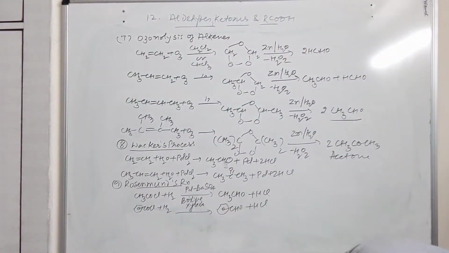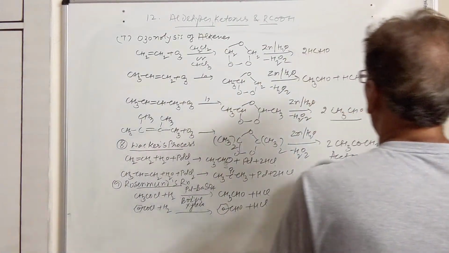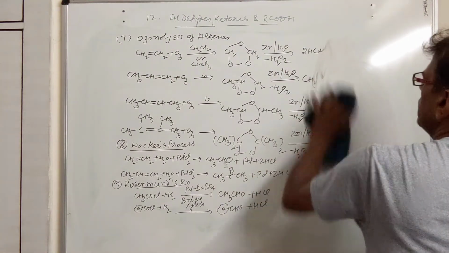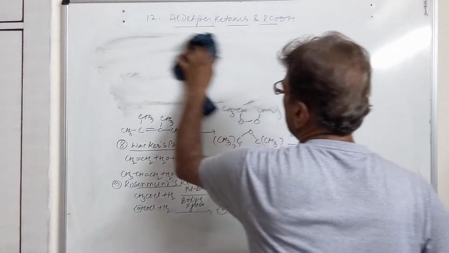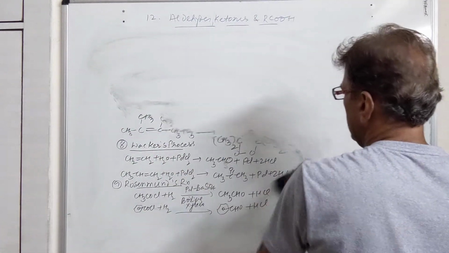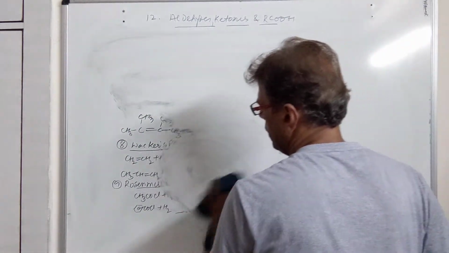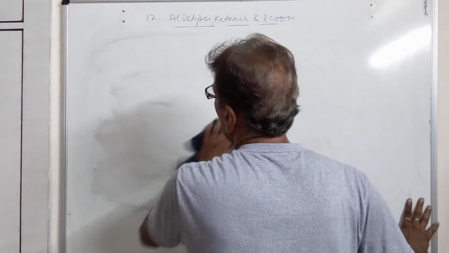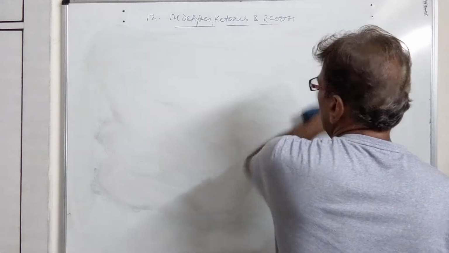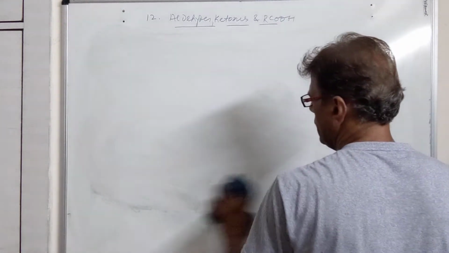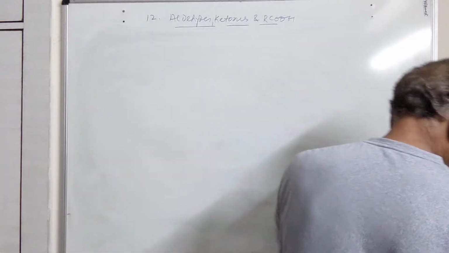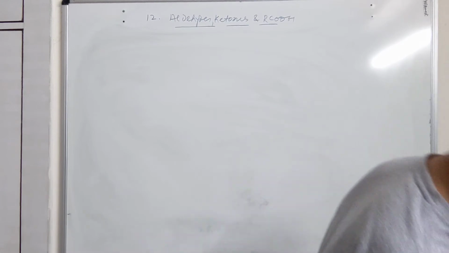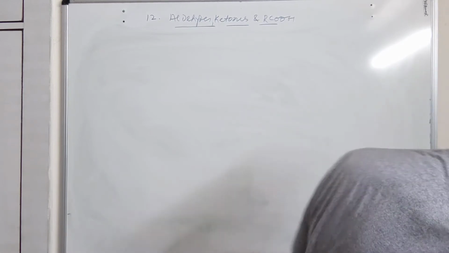Then we have another name reaction for getting aldehyde, that is Stephen reaction. That is an application of alkyl cyanide. When cyanides are treated with SnCl2 and HCl, they first form a reduction addition product, which is later on hydrolyzed by water to give you the next product.